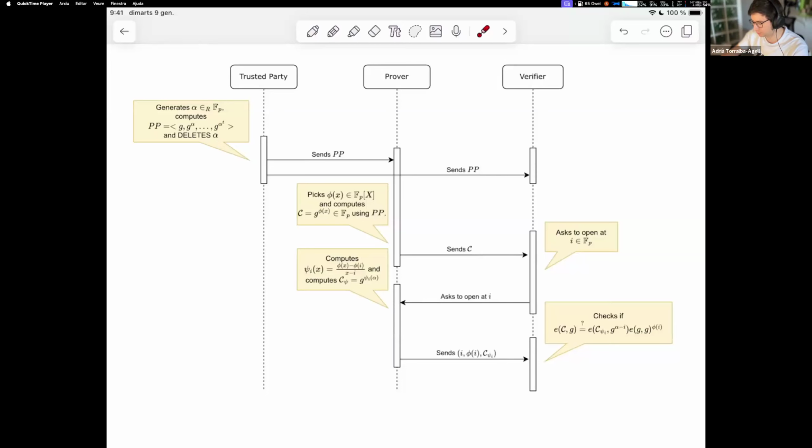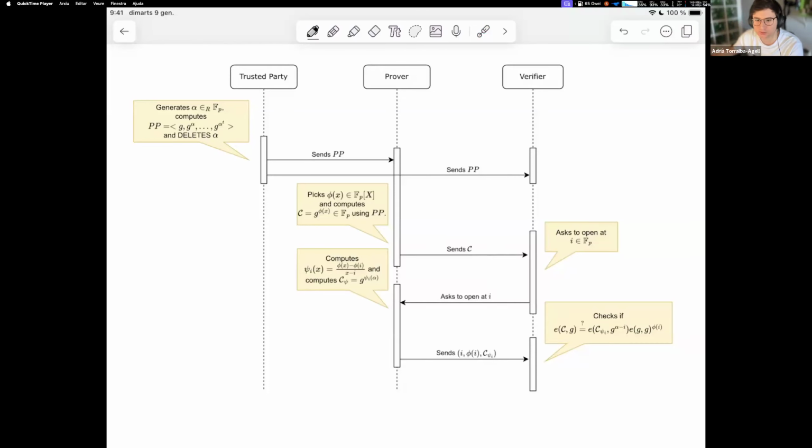To do that, I will need 3 volunteers from the audience: a trusted party, a prover, and a verifier, and I will moderate and help if they need it. So first of all, I need a trusted party.